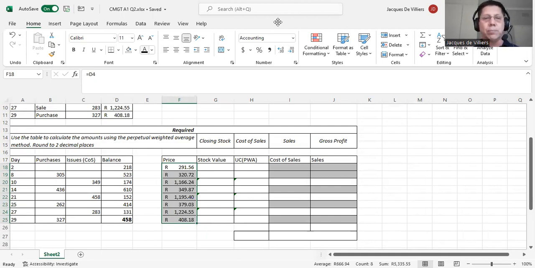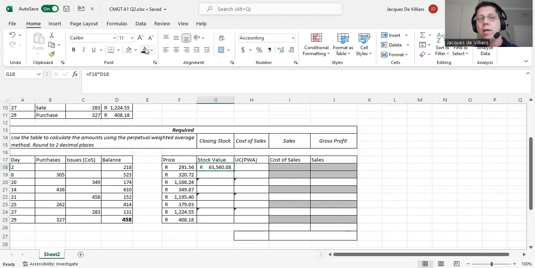Okay, so now what do I see here? I can see that if I have 218 units in the warehouse and they are valued at 291 Rand and 56 cents, then I will multiply the 218 with the 291, and I will get my total stock value.